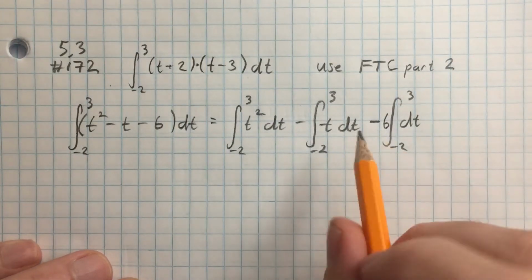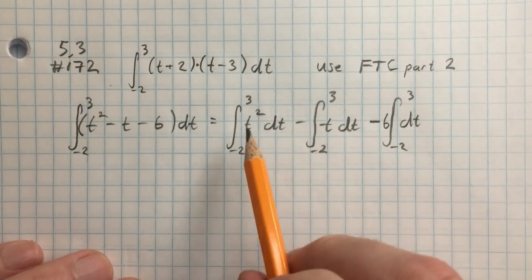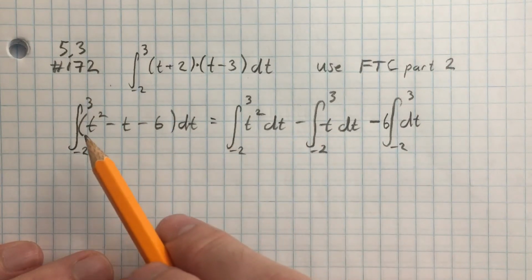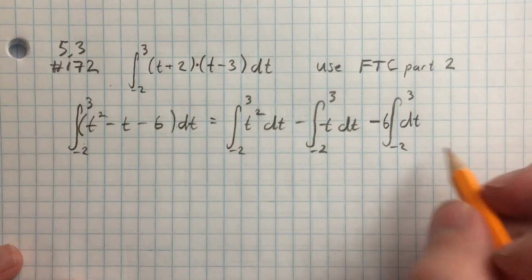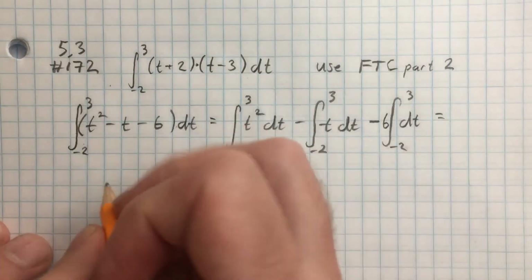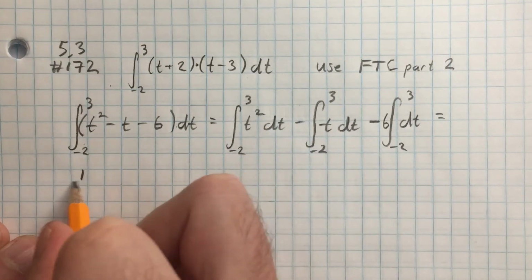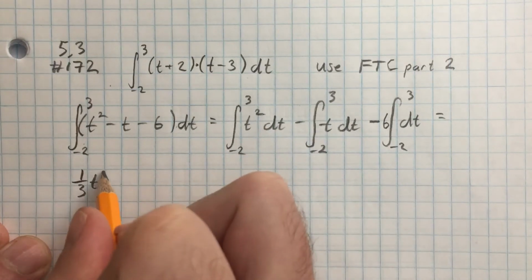The reason this is going to be burdensome is because if you write explicitly that this has been distributed across these three, then you'll be left with writing the antiderivative of each of these three separately.